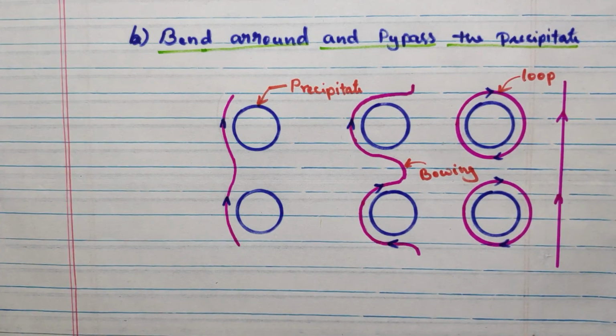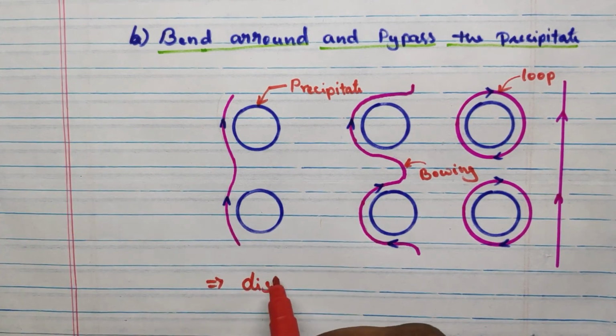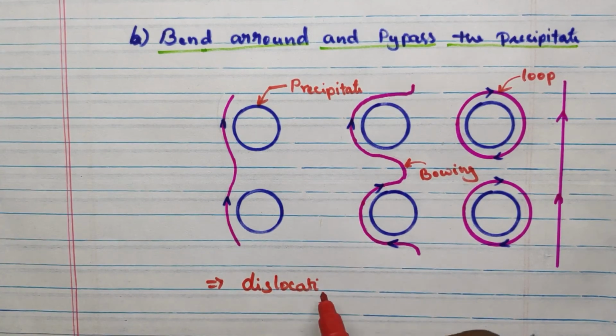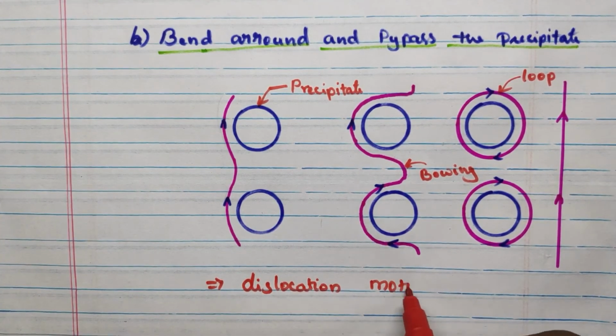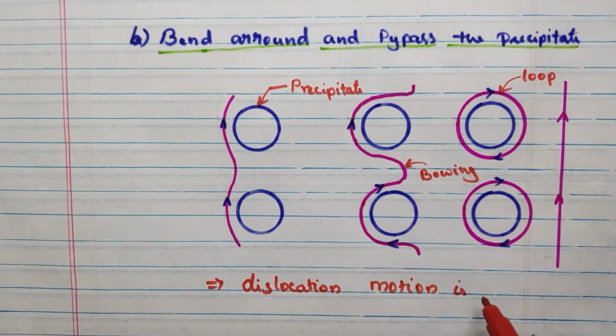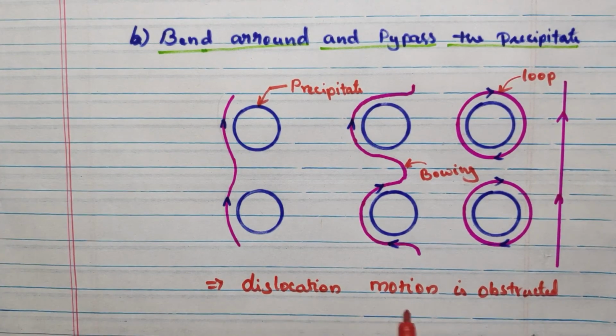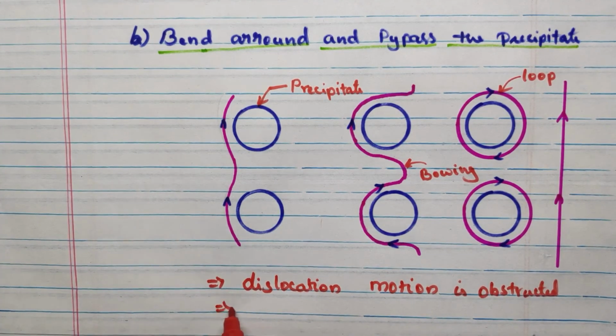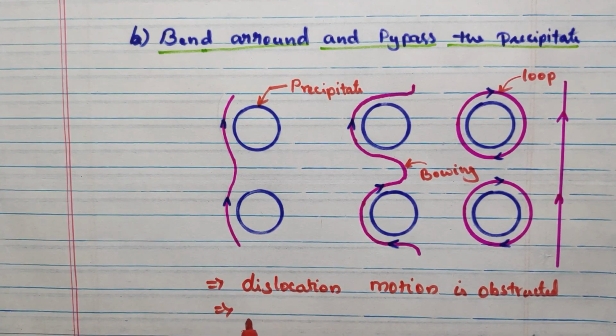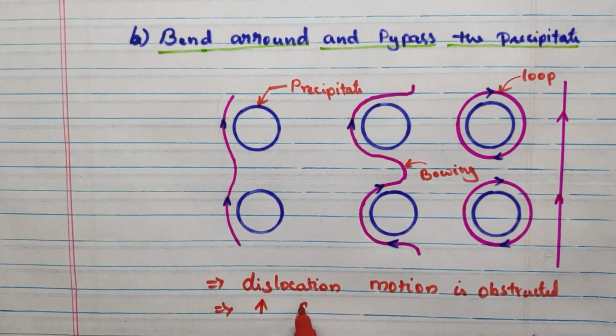Because of this, dislocation motion is obstructed, and consequently an increase in strengthening happens.